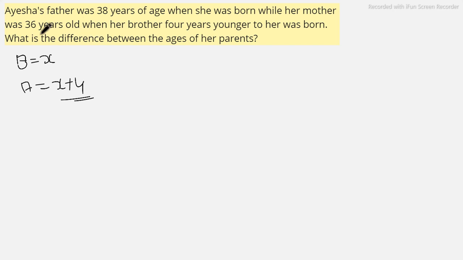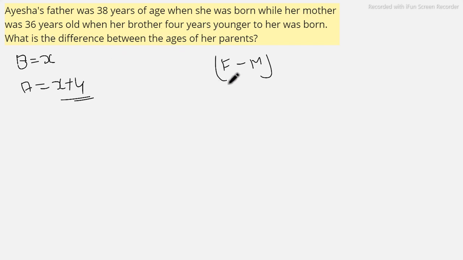Now we have to find the difference between the age of Aisa's father and the age of Aisa's mother. In the question, the age of the father is given when she was born, that is when Aisa was born, and the age of the mother is given when her brother was born.